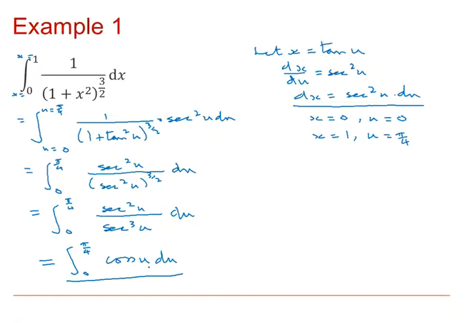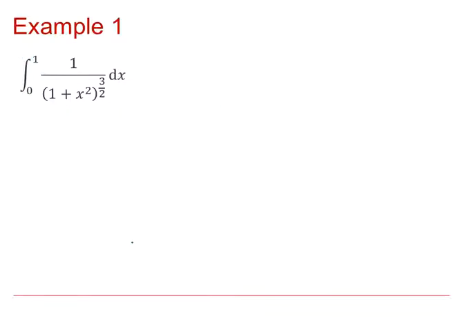So we've already made a lot of progress towards completing this integral. So we've shown that this integral can be written as the integral of cos u du with these new limits, u equals 0 and u equals pi by 4.